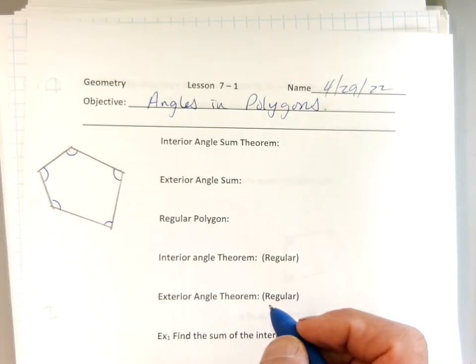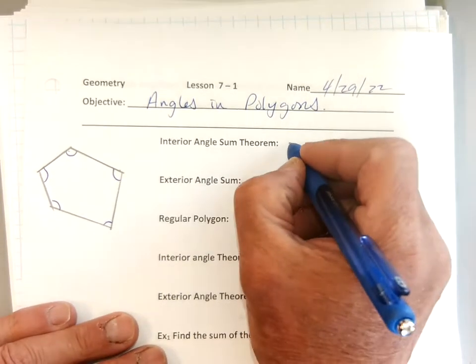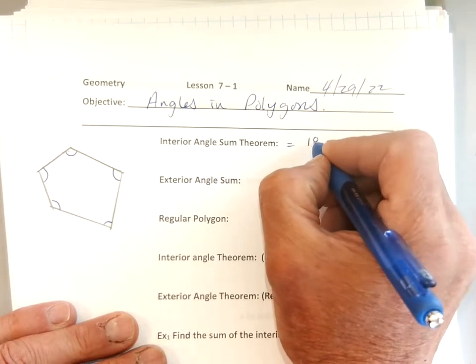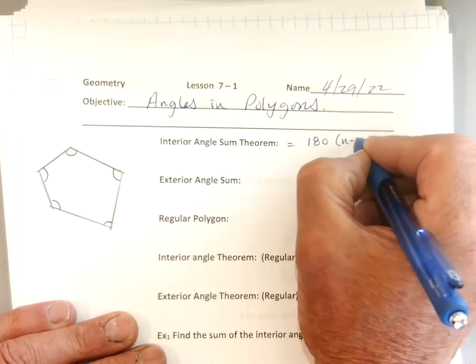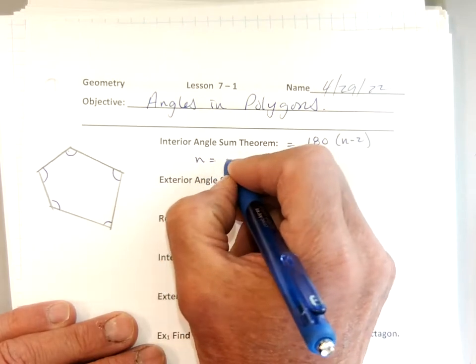There's a formula. So it's just going to equal 180 times n minus 2, where n is the number of sides.